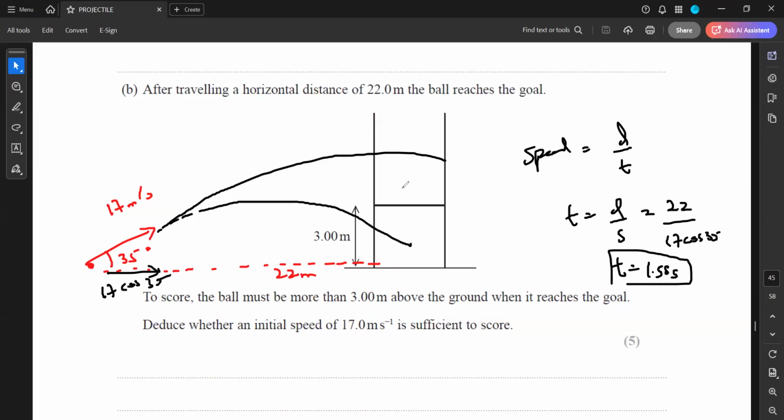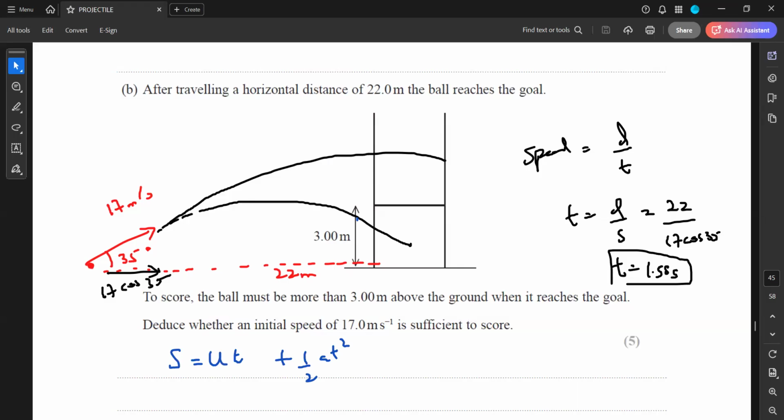Now, using this 1.58, we'll find the position of the ball above the ground, the displacement. So how to know this? We'll use the equation of motion again. We don't know the height, so we are finding that height after 22 meters using the formula s equals ut plus half at square. But in the equation of motion, we always substitute the vertical component.